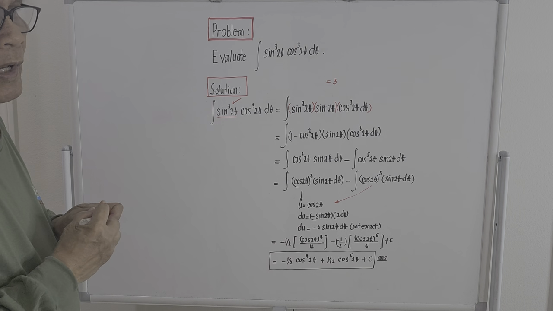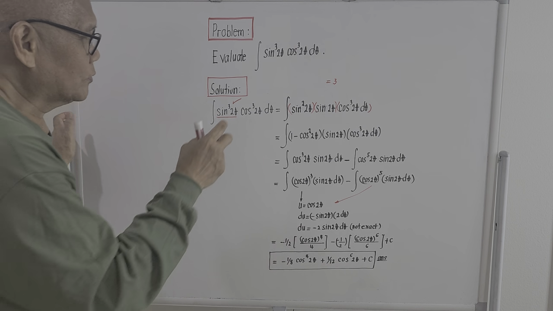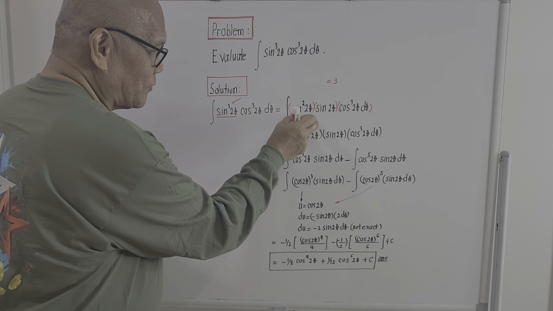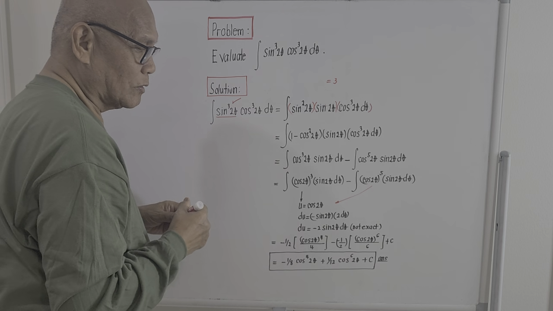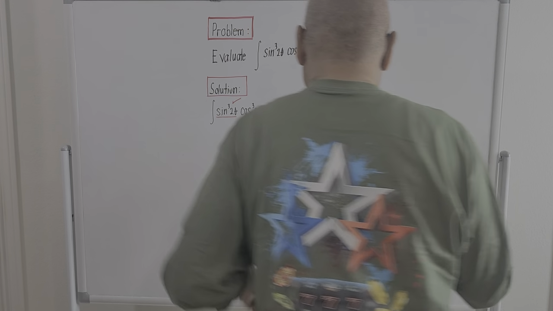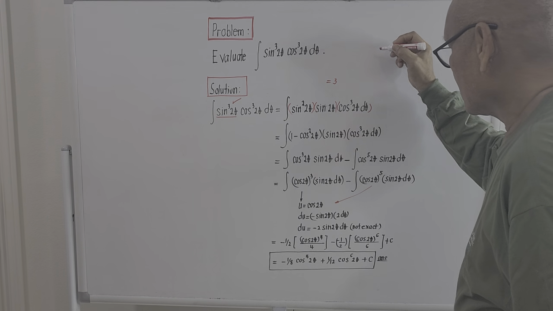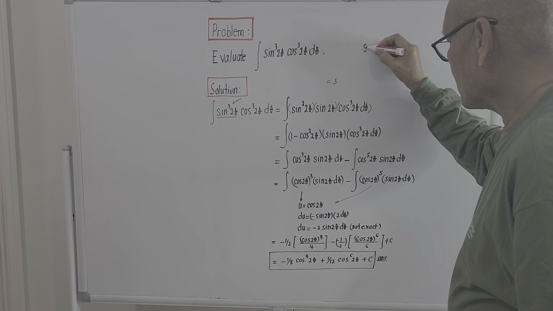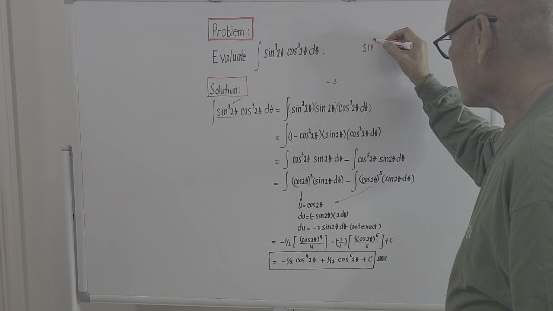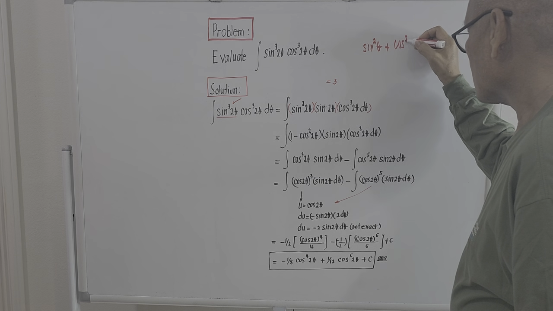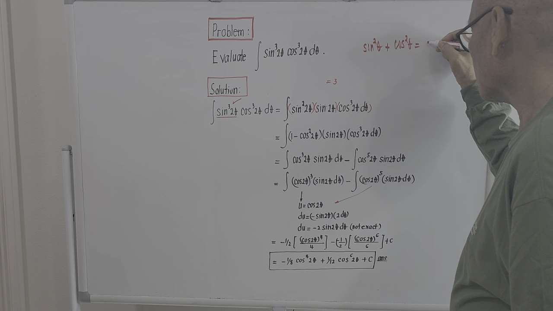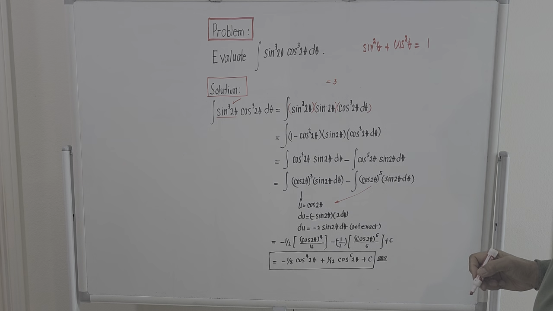Okay? After expressing sine cube of 2 theta as the product, we will be using the so-called trigonometric identities. That is, originally we got an equation sine square of theta plus cosine square of theta is equal to 1. Originally, right?